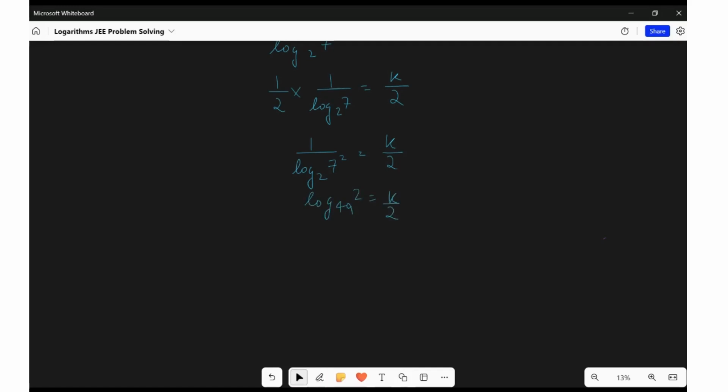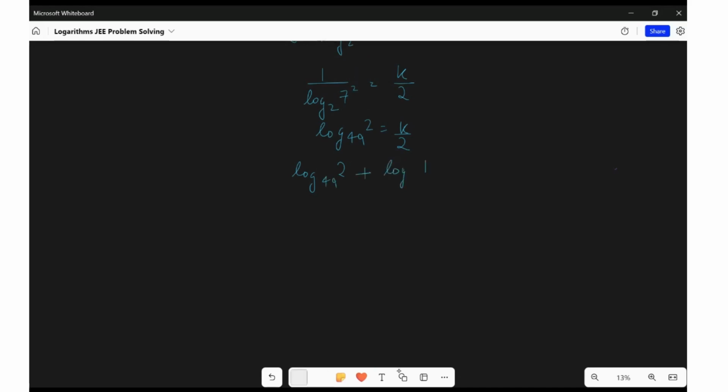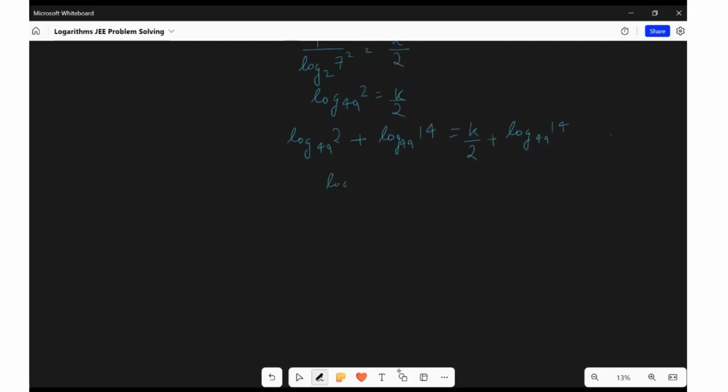Now we need to multiply by 14. So what we can do is log 2 base 49 plus log 14 base 49 on both the sides. We can write this as equal to k by 2 plus log 14 base 49. And what is this? Log 14 into 2 base 49, using the property of logs again.